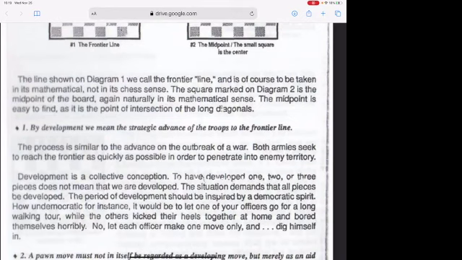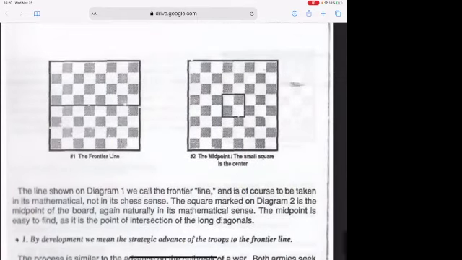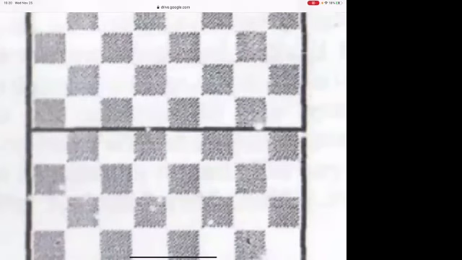Let's say the rook, or the knight, the bishops, whatever. Not the queen, the queen is mostly in the end. We want to get there, and so then we could attack together instead of attacking all at once. Because if I get to the frontier line all by myself and try to attack the whole army by myself, I'm in trouble.